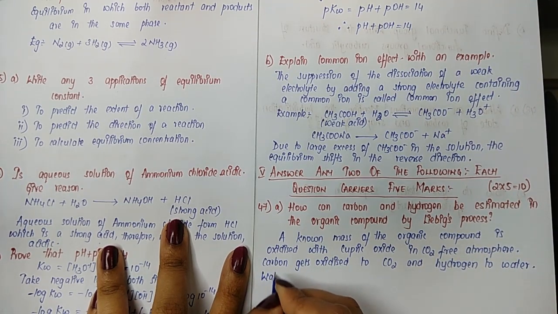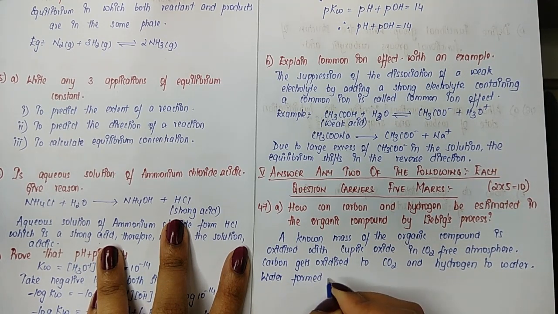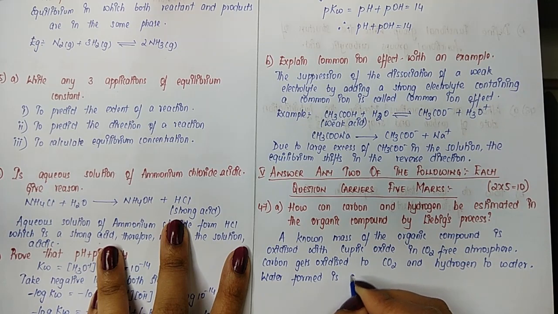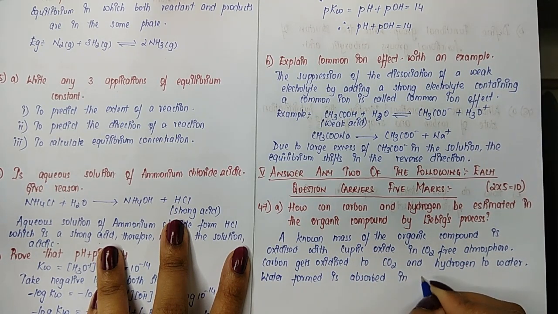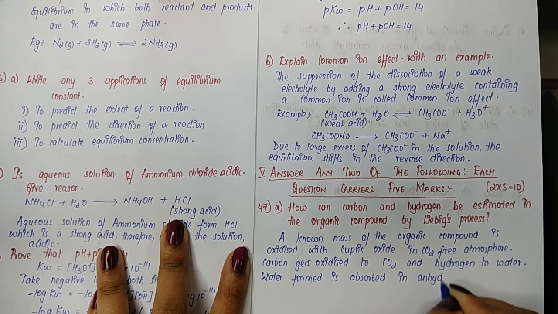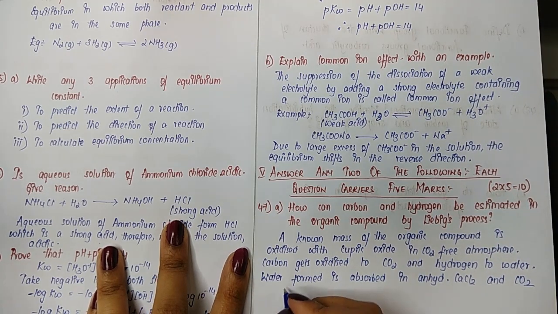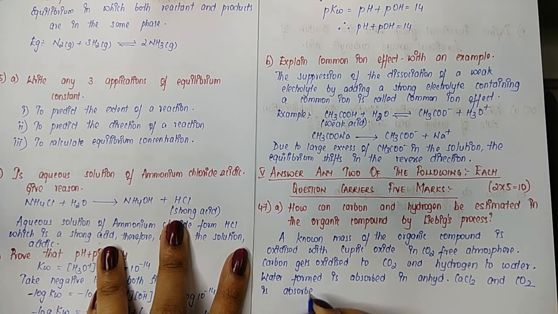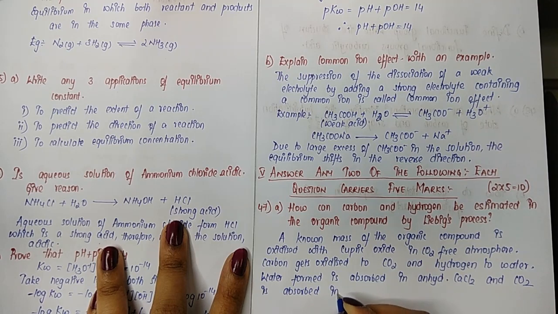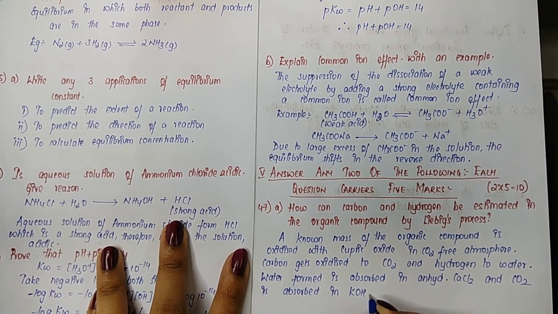Now, water formed is absorbed in anhydrous CaCl2 and carbon dioxide is absorbed in potassium hydroxide.